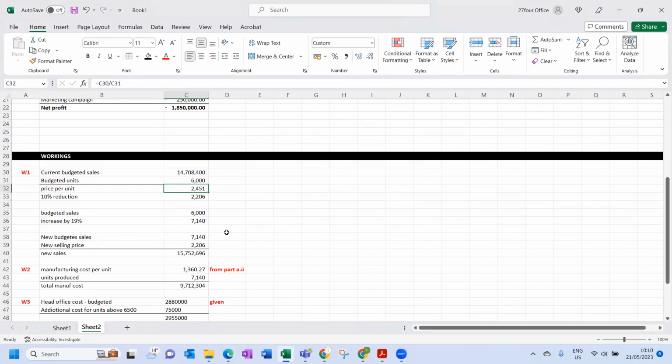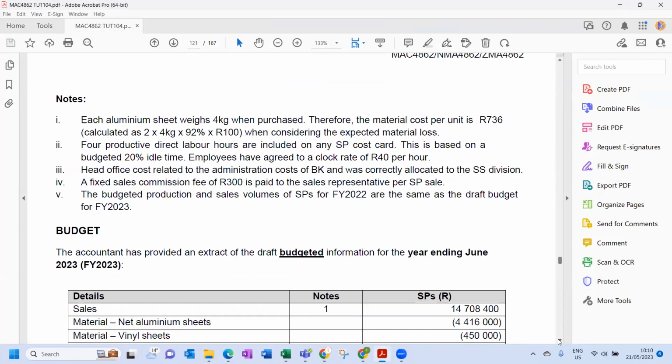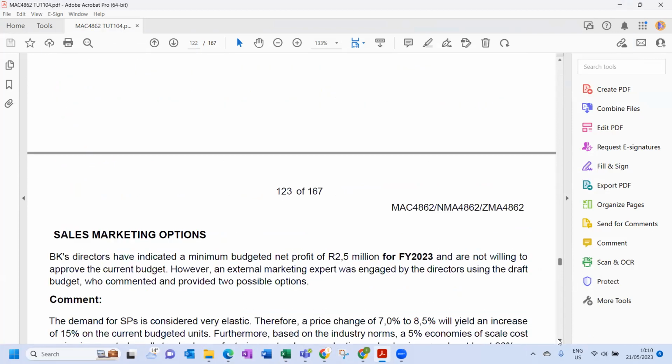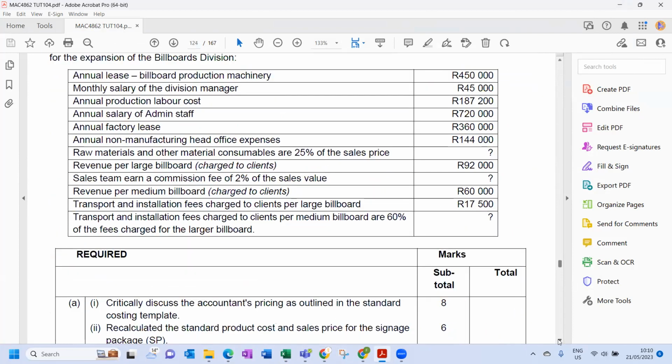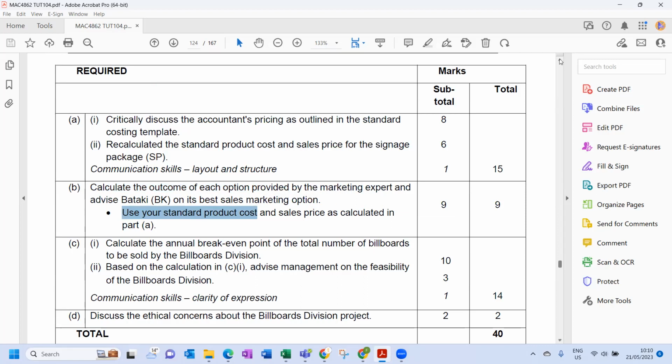Okay, let's check something. They say calculate the outcome for each option provided by the expert and advise on the best sales option. Use the standard cost card and sales prices as calculated in part A.